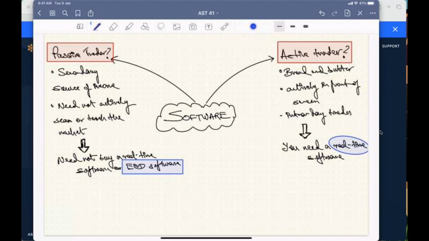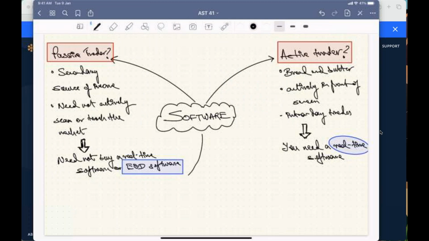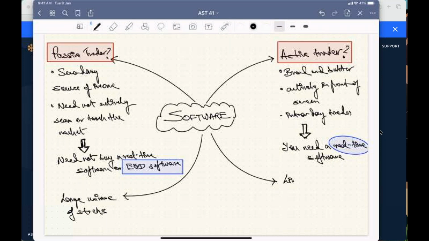A real-time software tends to be 2 to 3 times more expensive than an EOD software because of the data involved, number one. There's another set of questions that you need to answer, and this is also very important. Do you have a large universe of stocks that you track and trade, or a very limited universe?